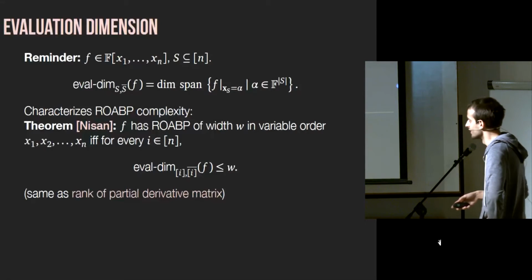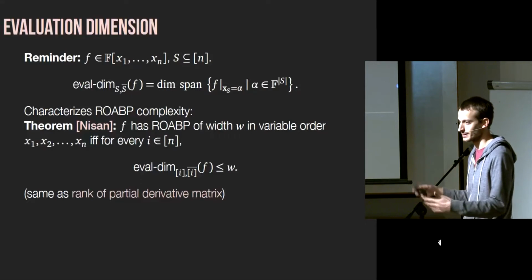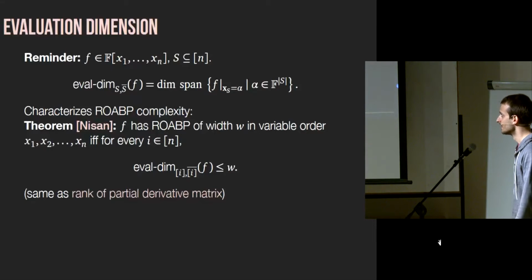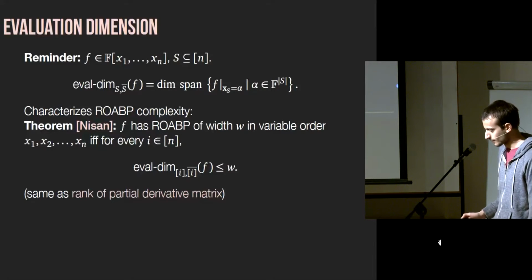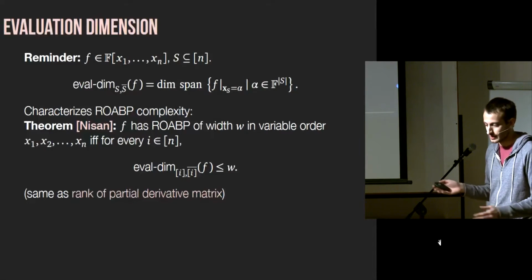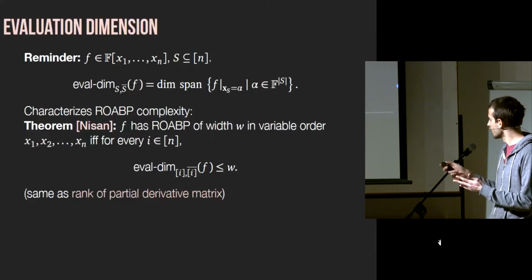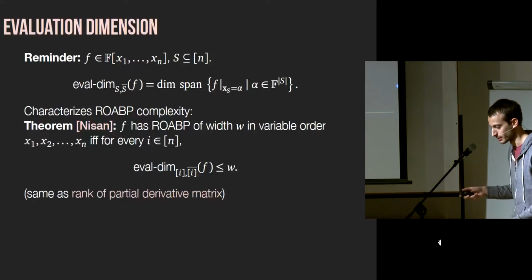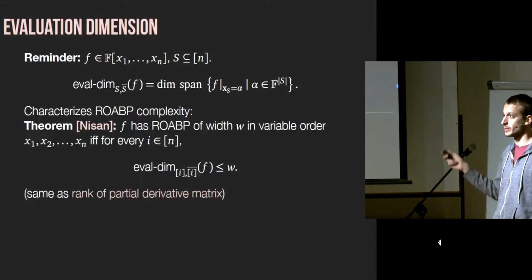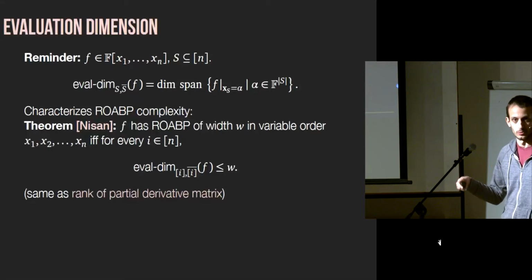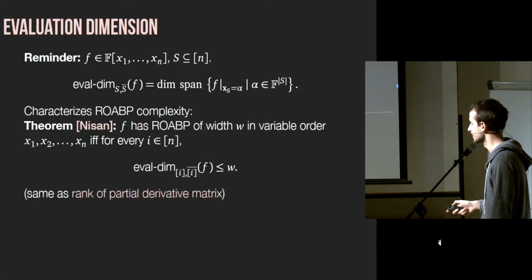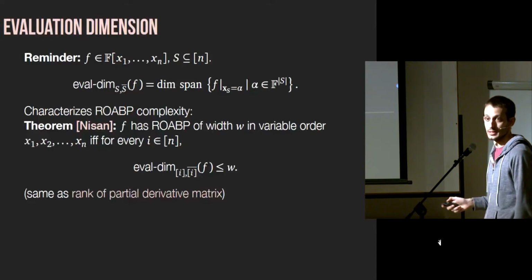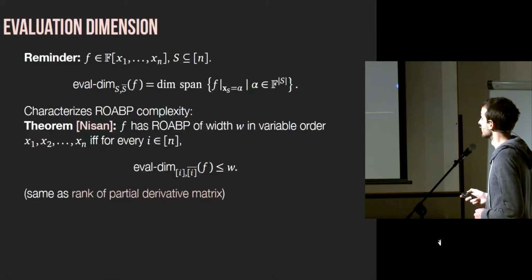You need to show that one spans the other, and for that you need enough evaluation points, because there's some interpolation going on there. So it's the same measure, yet for what I'm about to show, it would be a little more natural to argue with regards to evaluation, as opposed to with regards to coefficients. It will make the arguments slightly simpler. So that's the evaluation dimension.